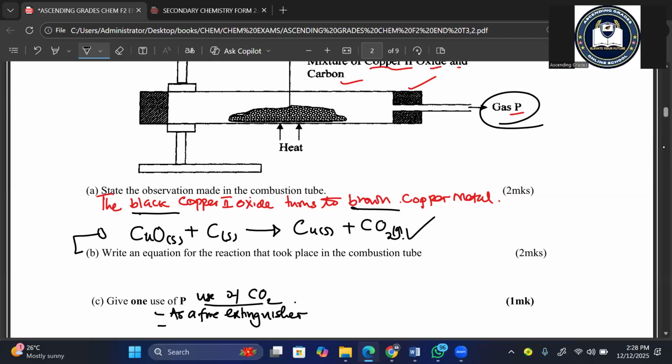Another one, used as a refrigerating agent. So it is used in preservation of soft drinks.